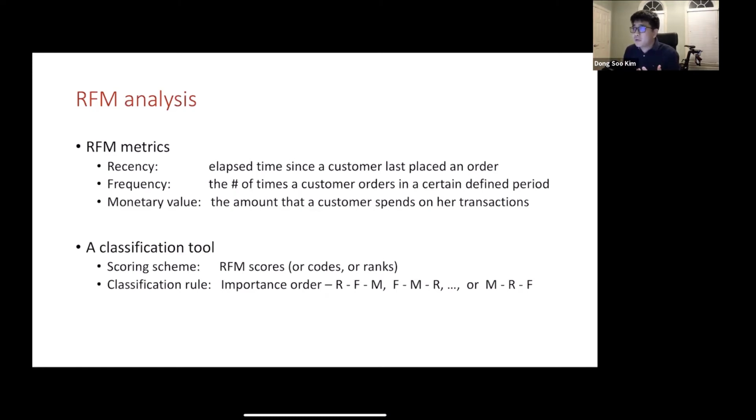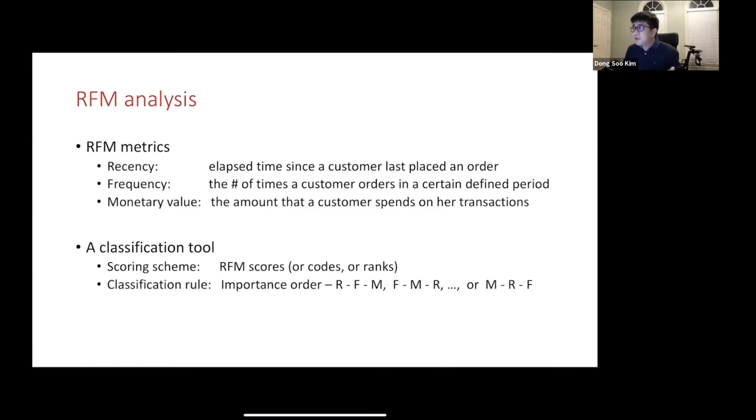From the RFM matrix of the customers in the data, RFM scores are computed for each customer. Then, the customers are sorted and classified by the RFM scores. The key of this classification task is to decide the importance order of RFM. There are 3 scores, so we need to determine the order for sorting.